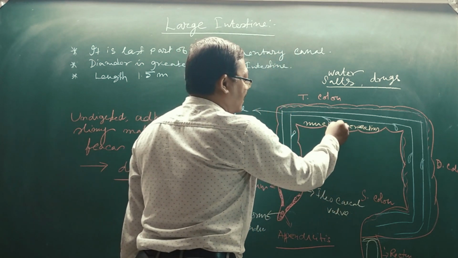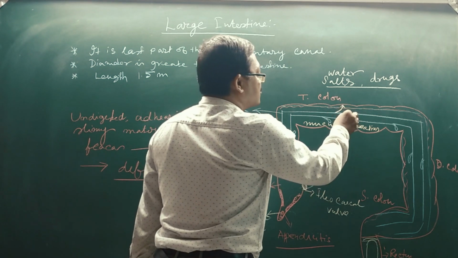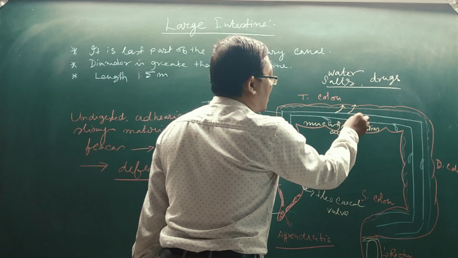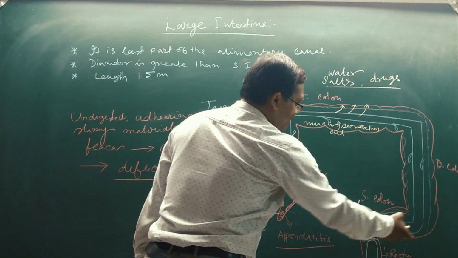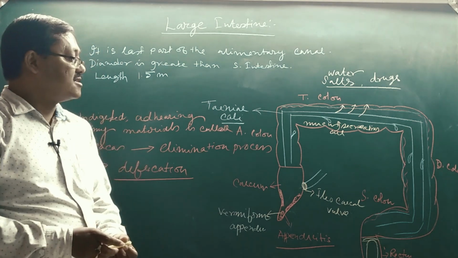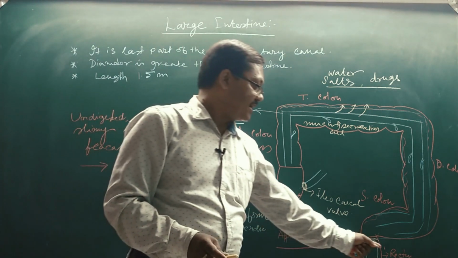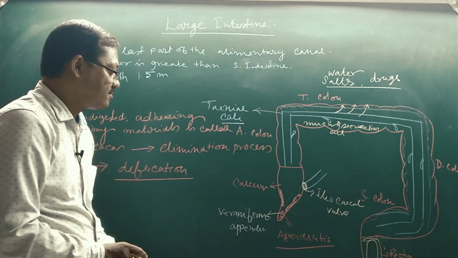Mucus is secreted here, water and salts are absorbed out, and drugs are absorbed by the blood vessels. The total dry matter, the adhering matter, is called fecal matter, and this fecal matter is temporarily stored in the rectum and then eliminated through the anus.